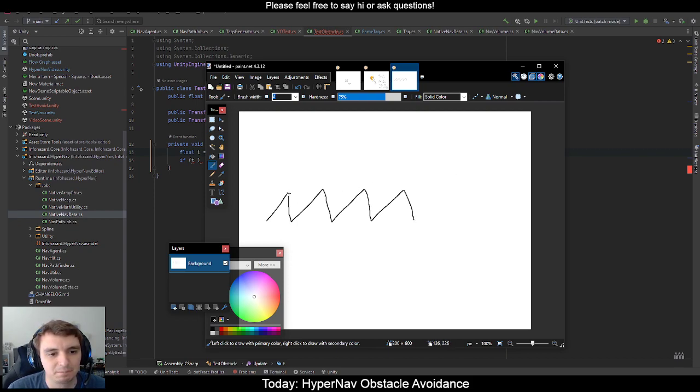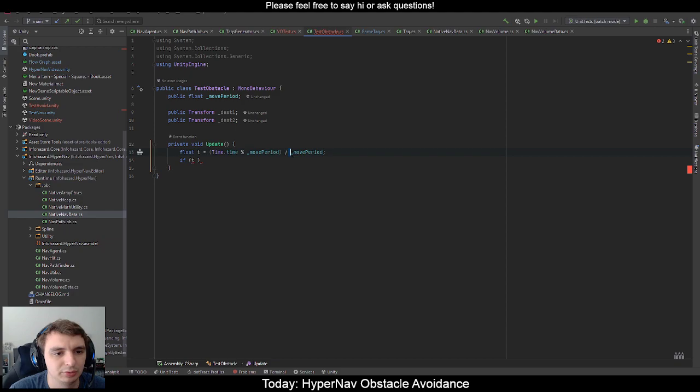So then what I want to do is, if it's in the first half of the move period, I want basically this thing to be 1. So I'm going to divide it by move period over 2.